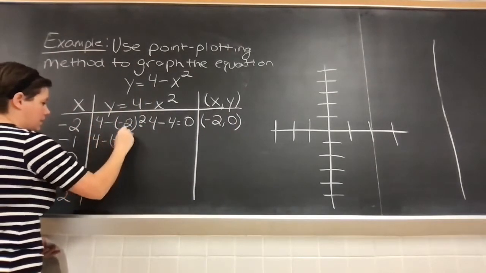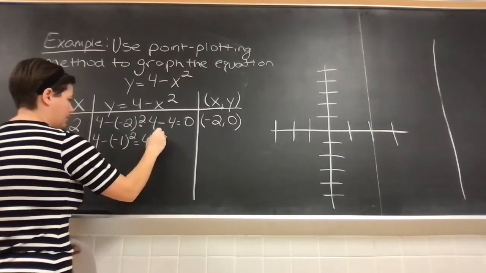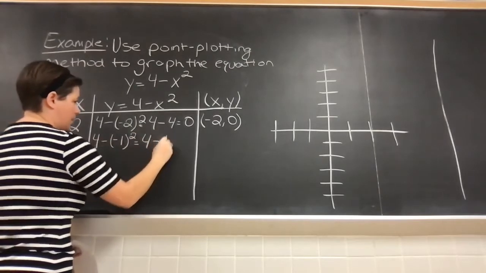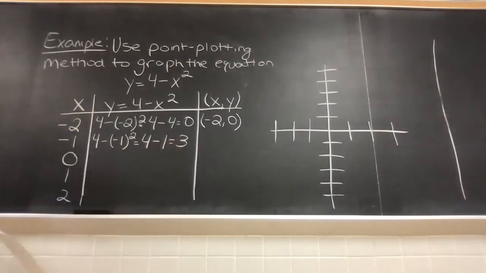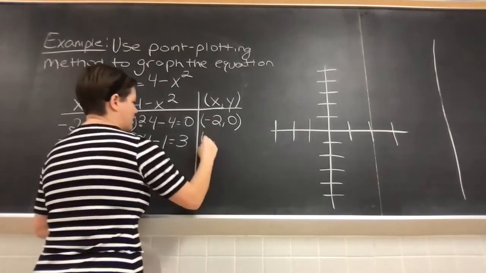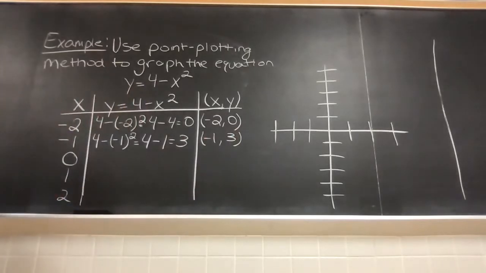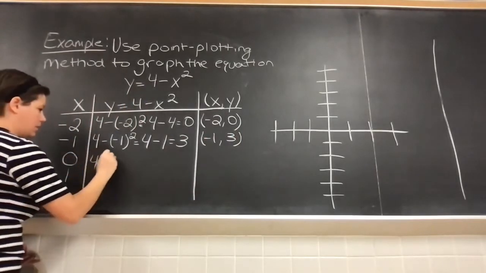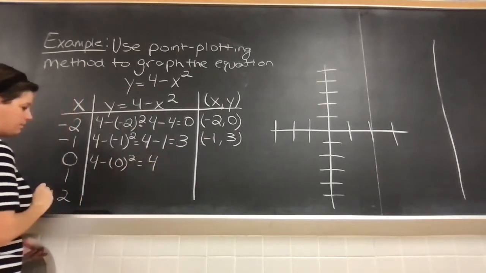4 minus (-1) squared, and that's going to be a positive 1, but I still have that minus out front. 4 minus 1 equals 3. So when x is -1, my y is 3. 4 minus 0 squared equals 4.